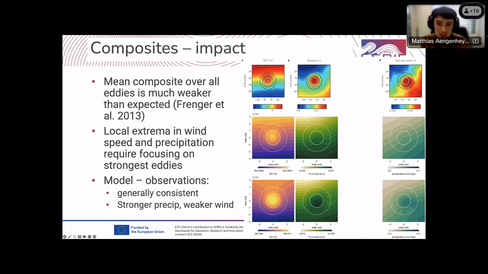And they get much clearer signatures in their analysis. So that's interesting. But still, generally our model and observation data is quite consistent, which is also very interesting. And we probably get a slightly stronger precip response and a slightly weaker wind response.